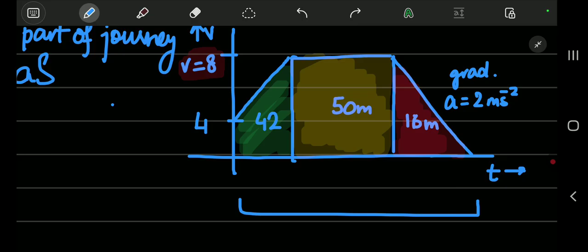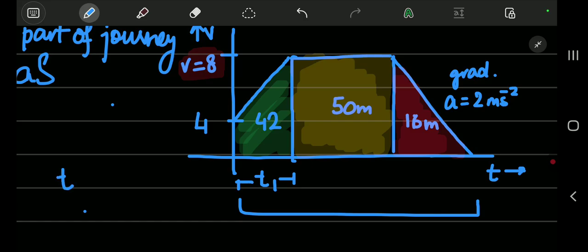Okay, for the first shape, you can see what kind of a shape the first part of the journey is making. It's making a trapezoid. So area of the trapezoid is height over 2 times the sum of the two parallel sides. Okay, so height, what is height? Let's take this to be t1.